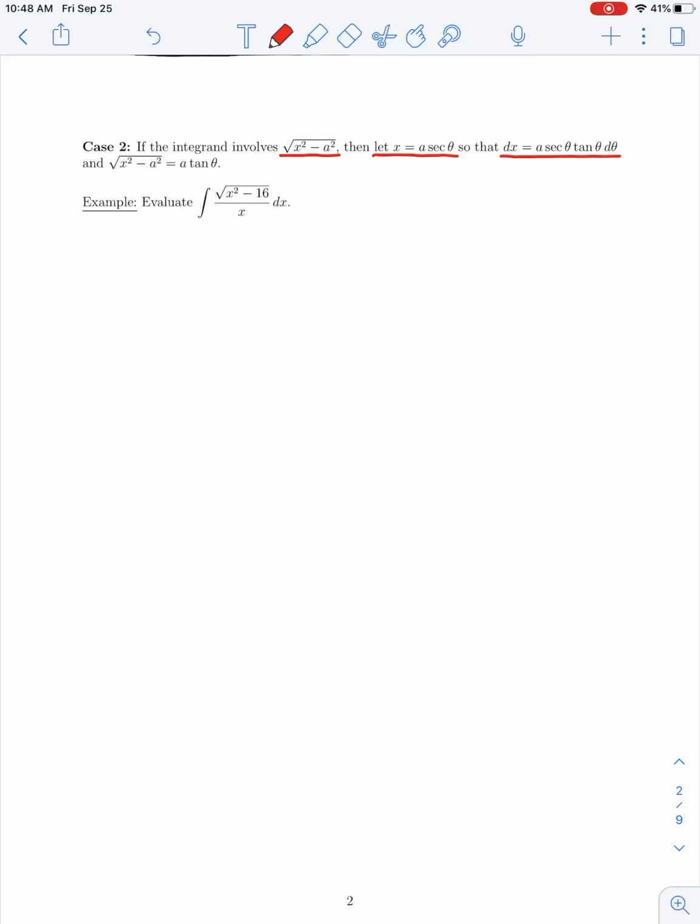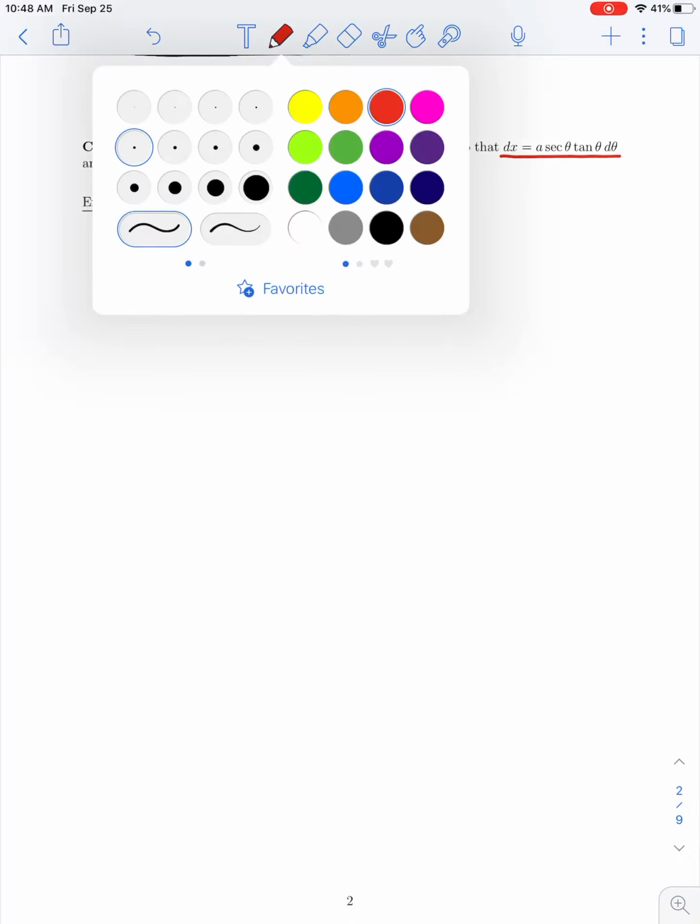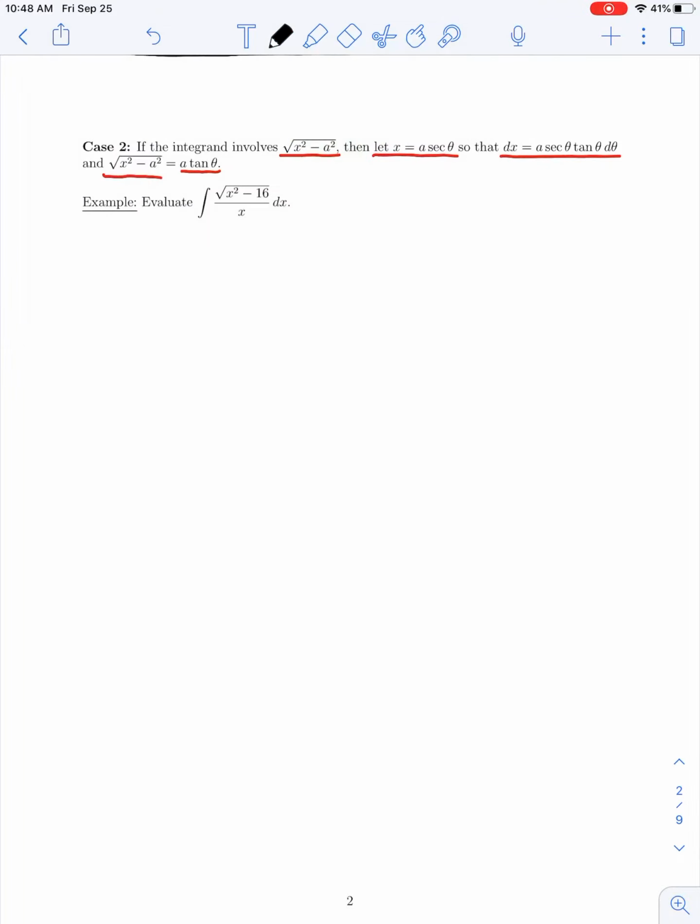And making this trig substitution allows us to rewrite this square root of x squared minus a squared as a tangent theta. To see how that works, we could look at the square root of x squared minus a squared.